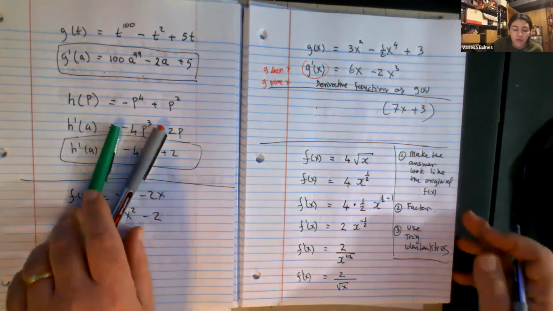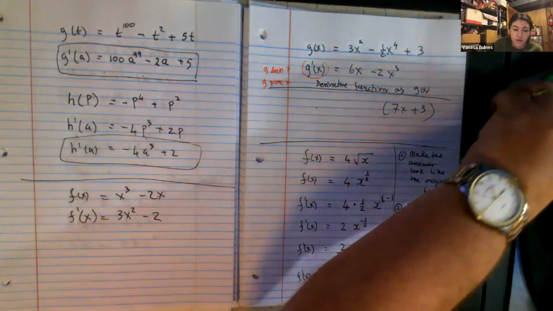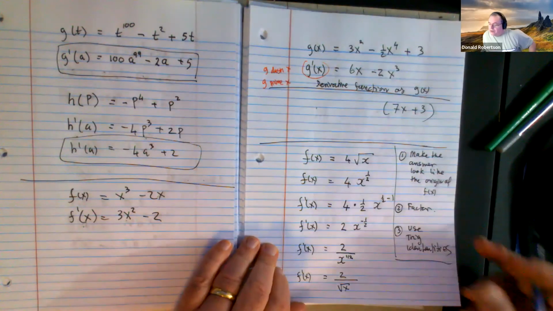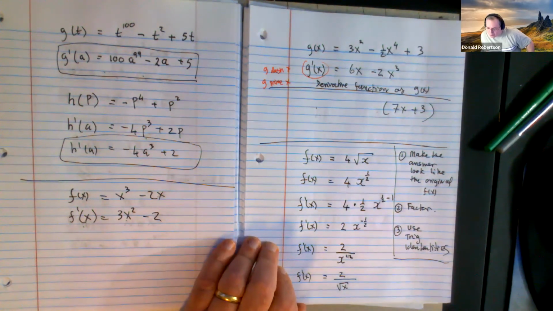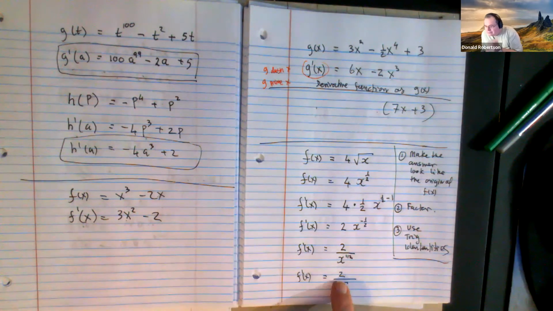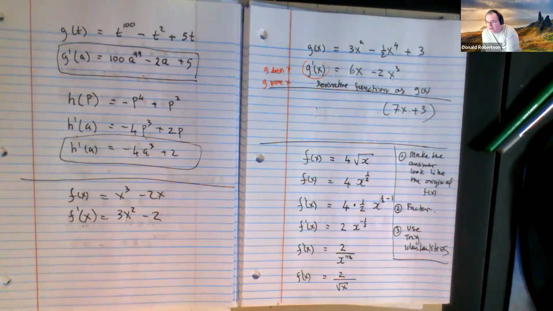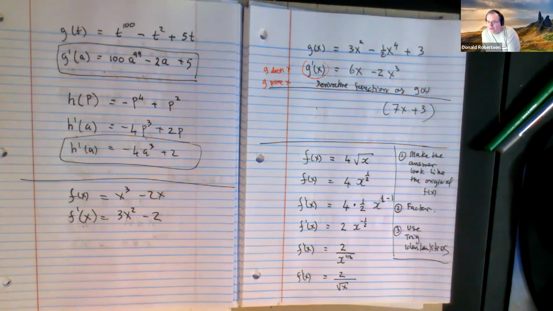Do we not rationalize the denominator? The good news is, no, you don't need to. In the number world, yes, you should. But in the algebra world, that is considered okay. Not that you couldn't, and if you did, you'd be totally correct, and I would never take a point off for someone doing that.